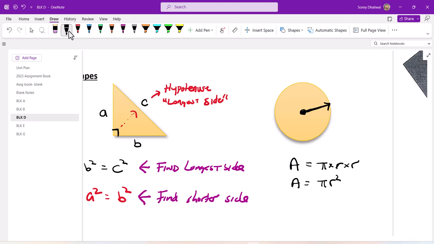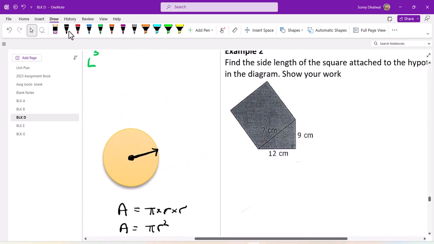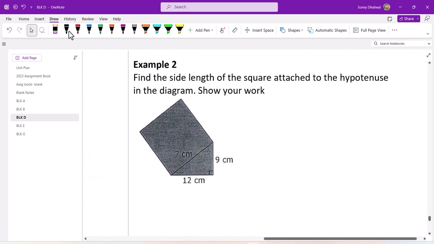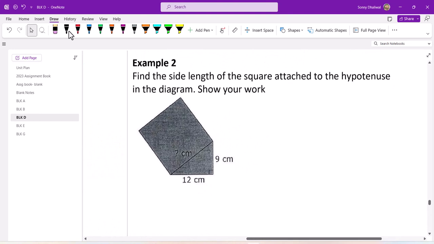So let's put this to work. Okay, so here we have not a nicely scanned in diagram, but it's okay. We have a triangle, a right angle triangle with a square off the top of it that is asking you to find how long this side is.